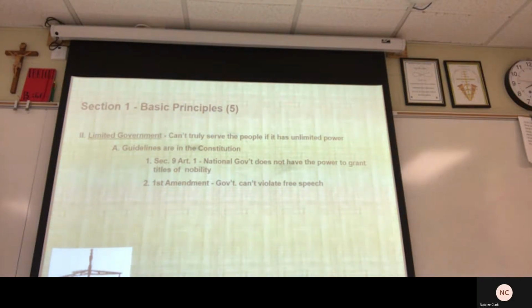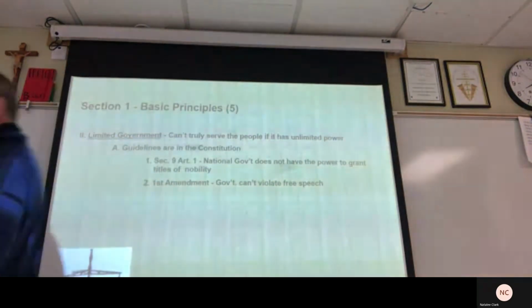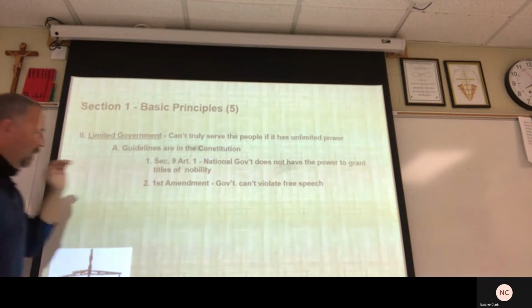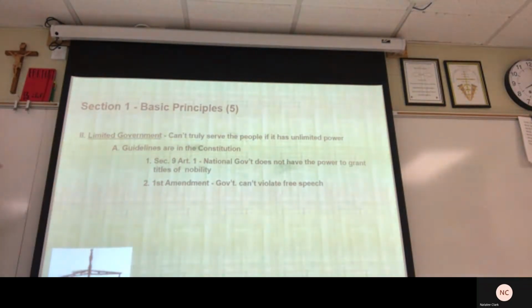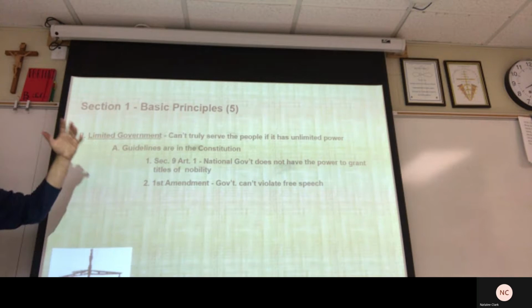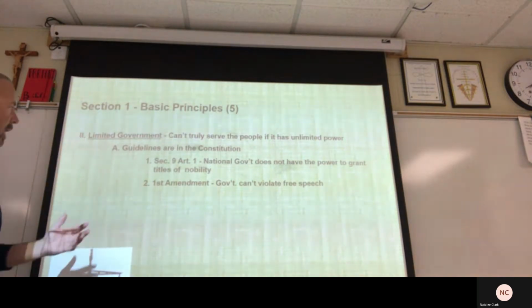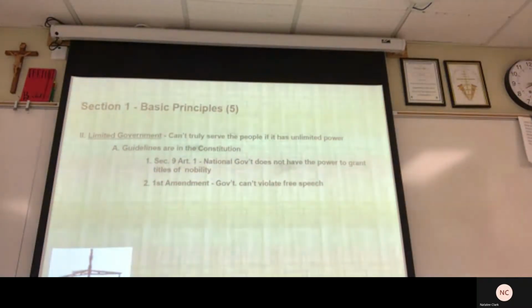Grant titles of nobility, which I have up here. So there's a whole list of limits, powers that they can't use. And as we know with the Bill of Rights, those are protections that we have from government. So they cannot violate our First, Second, Third, Fourth, Fifth, Sixth, Seventh, Eighth Amendment. Limited government.